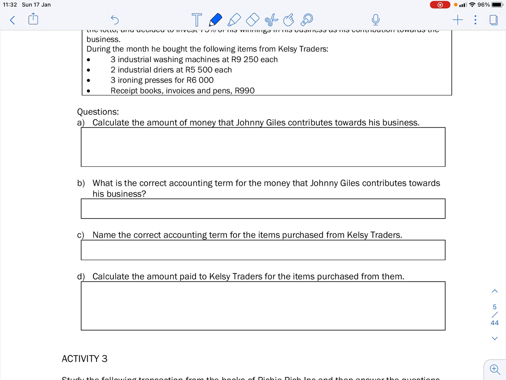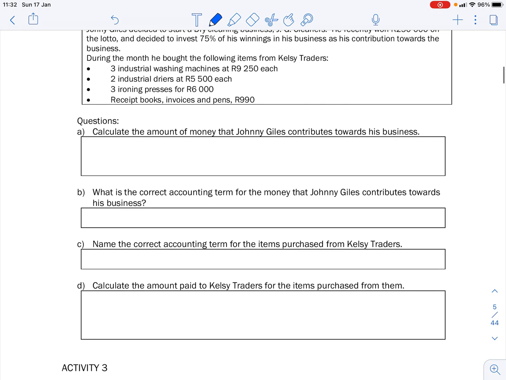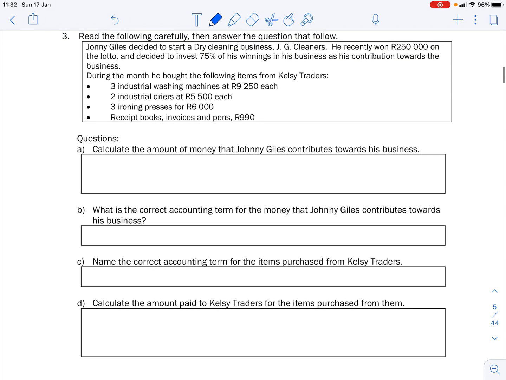The first question, A, says, calculate the amount of money that Johnny Giles contributes towards his business. Now, in the information, they tell us that he invests 75% of his winnings, which was 250,000 Rand.